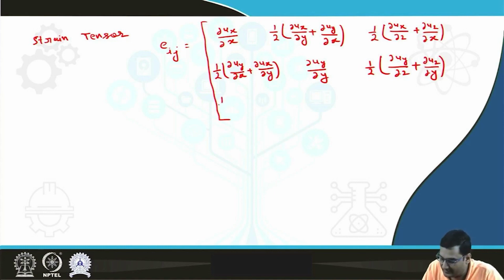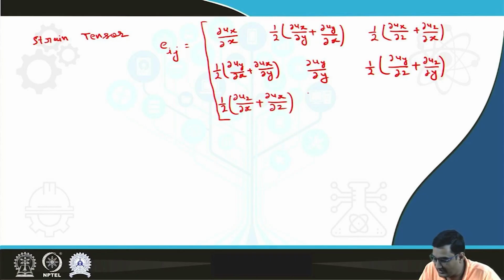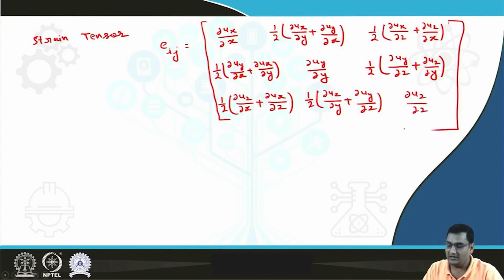And in the third row, half of del uz by del x plus del ux by del z, half of del uz by del y plus del uy by del z, and del uz by del z. And this is the matrix for the strain tensor.